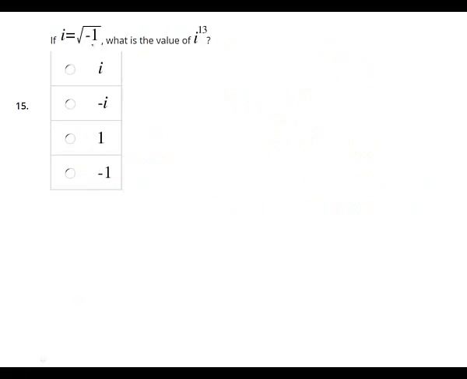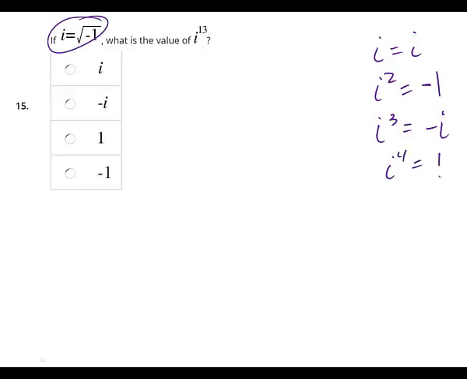All this thing here is saying is that make sure you know that i squared is equal to what? Negative 1. i cubed is equal to? Negative i. And i to the fourth is equal to? That's all that means when you see that. What are we supposed to do to this thing? Divide 13 by 4, and what are we looking for?